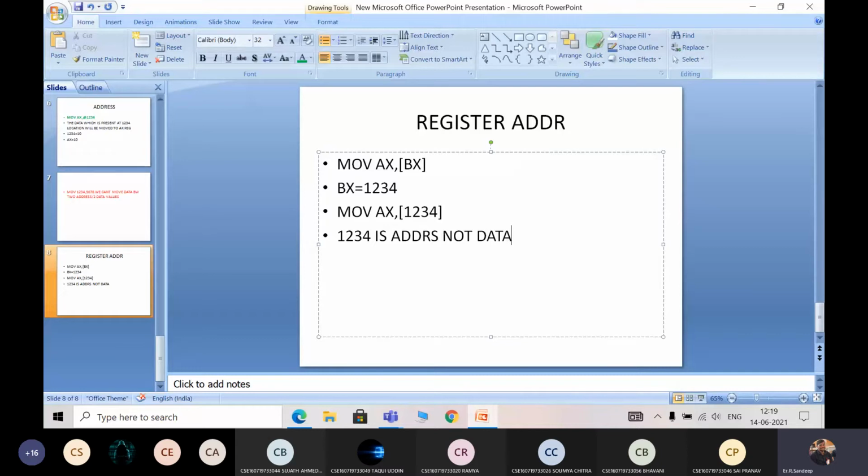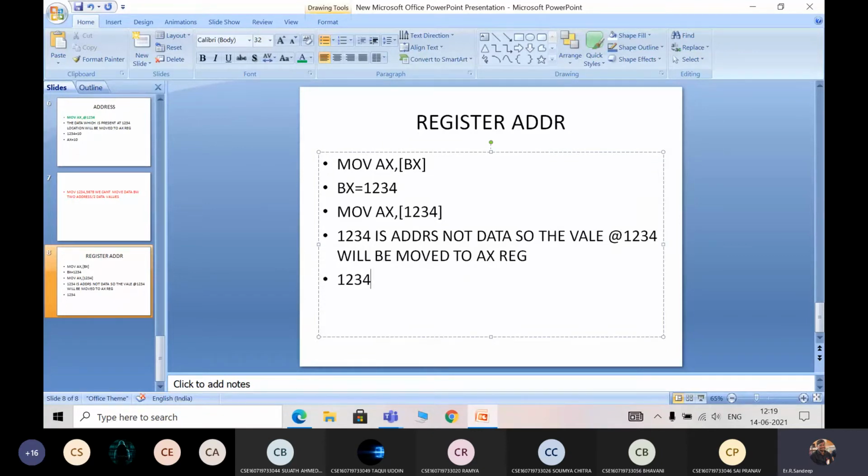So in this case 1234 is within the braces, the reason being it is an address and it is not data. So the value at 1234 will be moved to the AX register. That is the meaning.